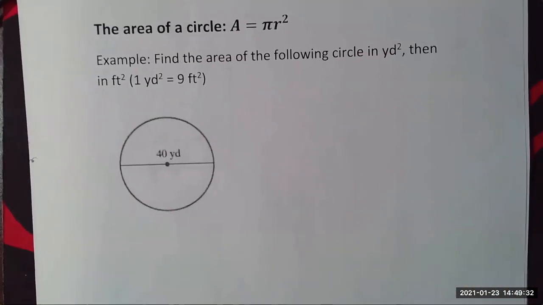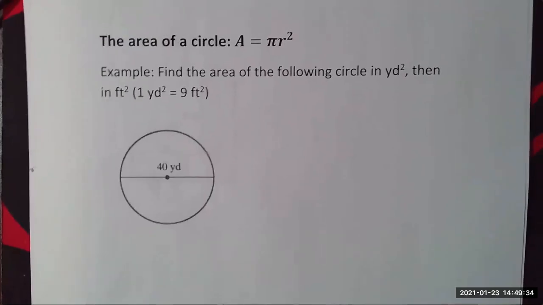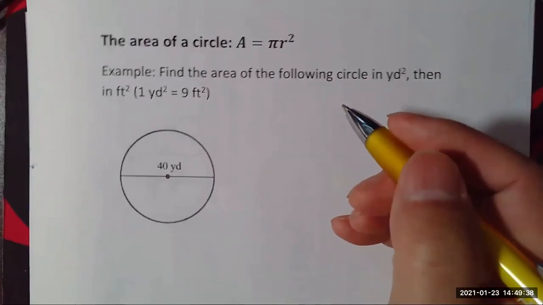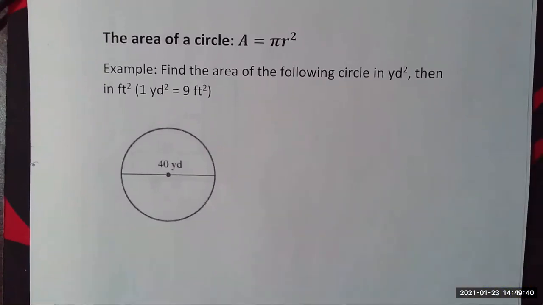Next one, we are going to look at how to calculate the area of a circle. Now, let me mention that whenever you deal with a circle or sphere, anything that is round, no matter if you calculate circumference, area, or the volume of a sphere, as long as the shape is round, you will have pi in that formula.